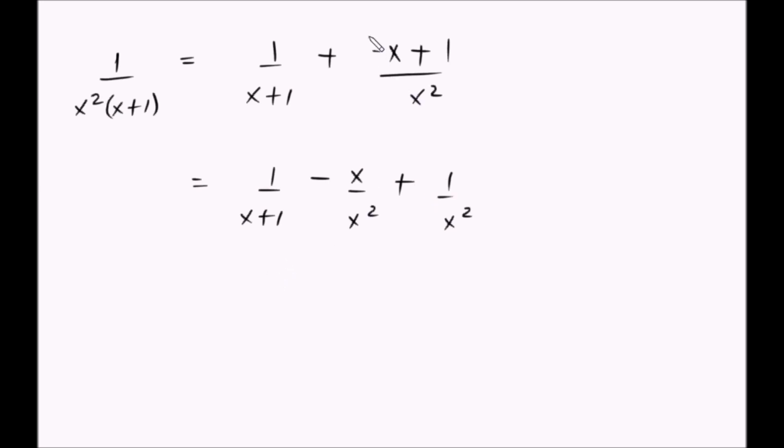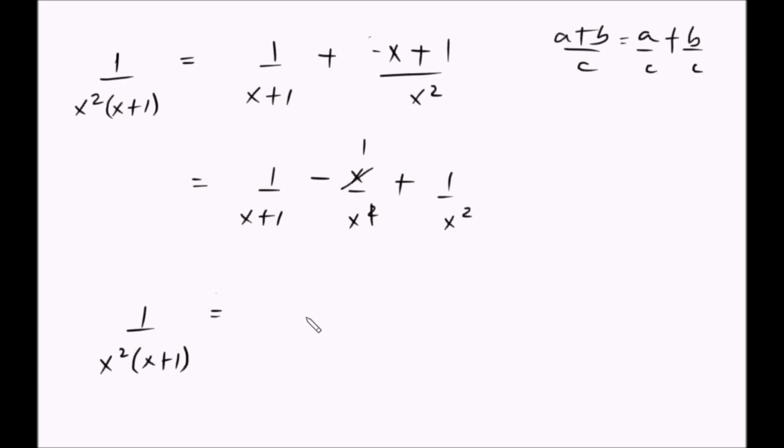Okay, so we know a plus b over c is the same as a over c plus b over c. So divide by x, divide by x. So this x plus 1 over x squared is equal to what? It is equal to 1 over x plus 1 minus 1 over x.